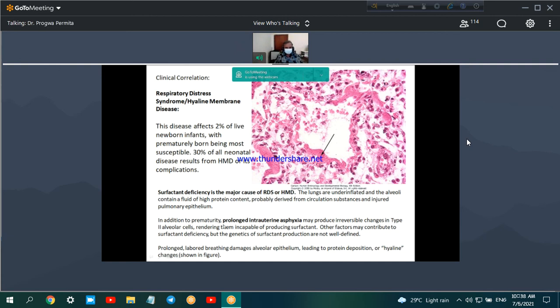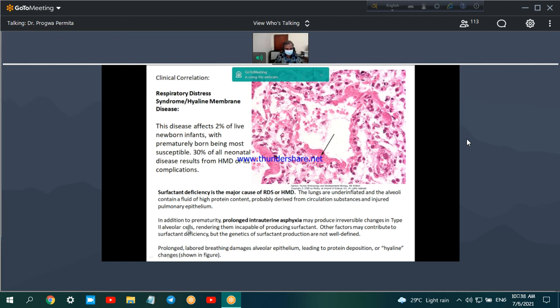In addition to prematurity, prolonged intrauterine asphyxia, usually called birth asphyxia, may produce irreversible changes in type 2 alveolar cells, rendering them incapable of producing surfactant. So in case of a premature baby, birth asphyxia or prolonged labor, the baby may experience more asphyxia due to irreversible damage in type 2 alveolar cells.